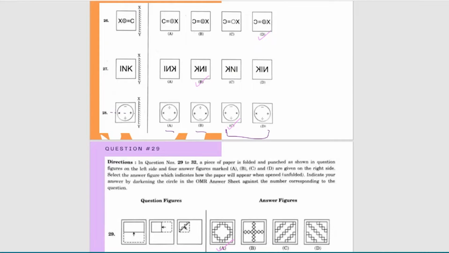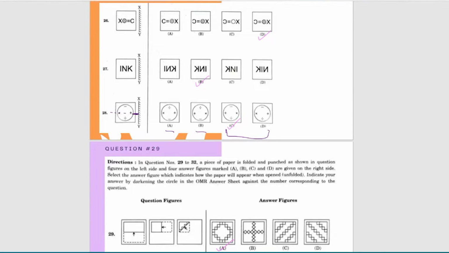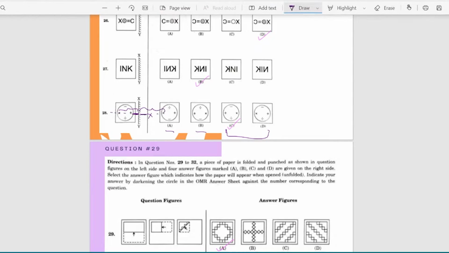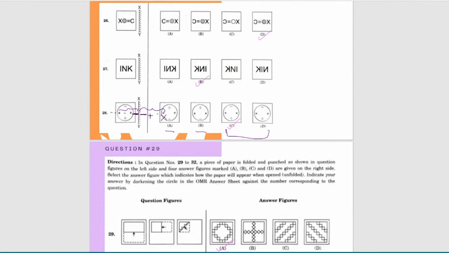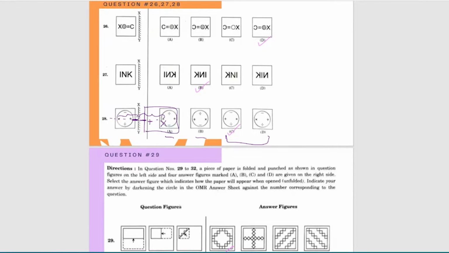Then we have to see that over here the distance of plus from the mirror is this much. So in our mirror image also it should be this much only, and the distance of into from the mirror is this much. So in the final answer it should also be this much only. So the plus is this much, the into is this much. So if this is our final answer figure, the minus should stay at the top, the divide should stay over here.